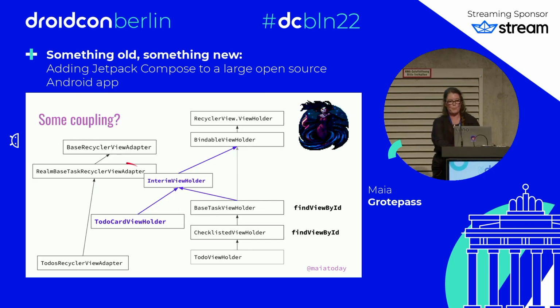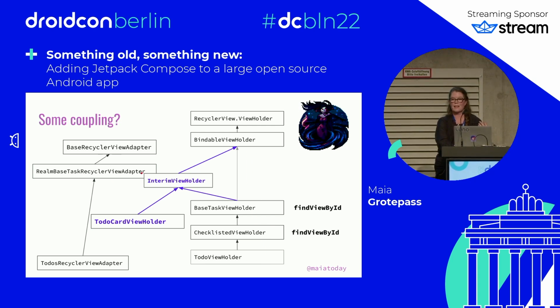So the purple is the new stuff that I wanted to add. The other pieces that are there, you don't need to understand it, but what you can see here is that I've got multiple inheritance with find view by IDs in different places. And the find view by ID is problematic because if you've got a compose view holder, there is no more find view by ID. So I couldn't put this view holder in at the bottom of the stack. I had to find the spot.